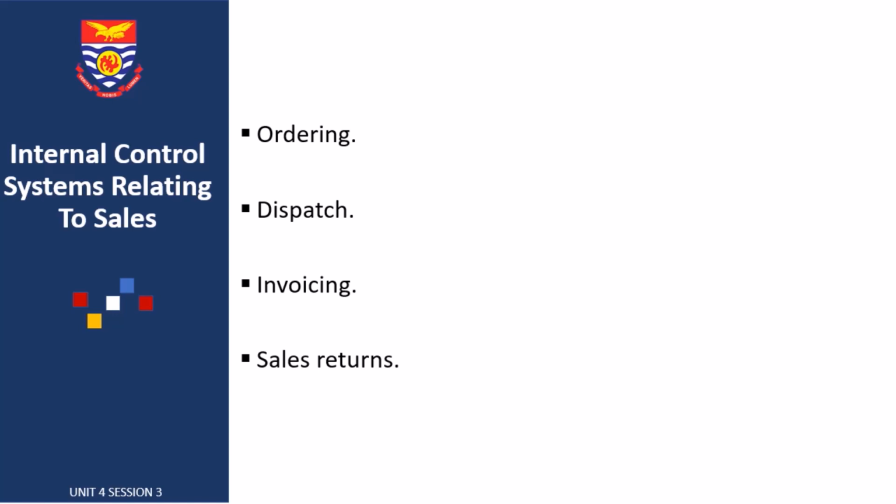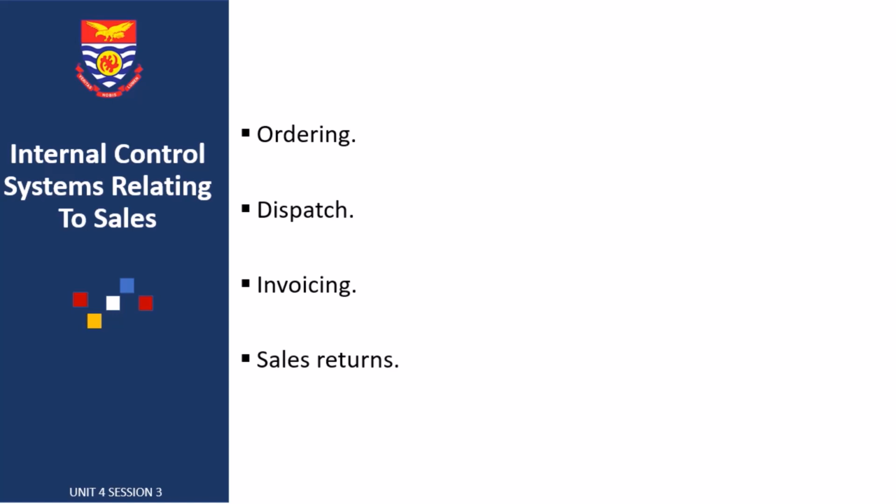The orders should be checked against the customer's account, and this should be evidenced by initialing by a responsible official. Then any customer will be referred to the credit control department. So if you want to make an order, this must be checked against the account of the customer to see if things are really in place.